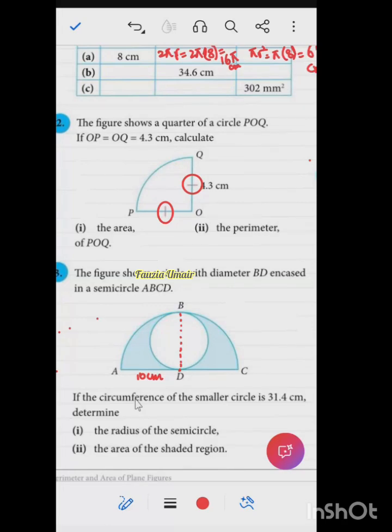The diameter of the smaller circle is basically the radius of this semicircle. So we will use R as 10 centimeter for the semicircle ABCD. Then we will find out the area of the smaller circle and we will use R as 5 centimeter. Then we will subtract the two values and we will get the area of the shaded region, right?